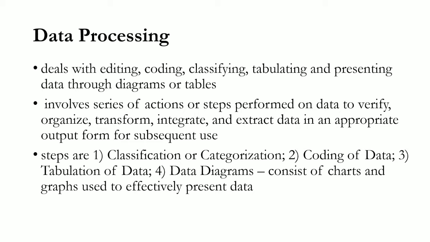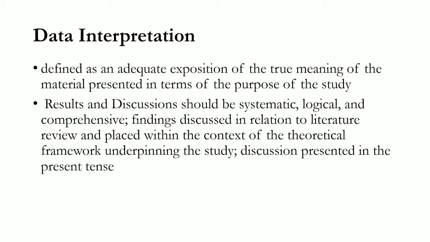And then data diagrams consist of charts and graphs used to effectively present data. It's a pictorial representation of your data collected. Data interpretation is defined as an adequate exposition of the true meaning of the material presented in terms of the purpose of the study.